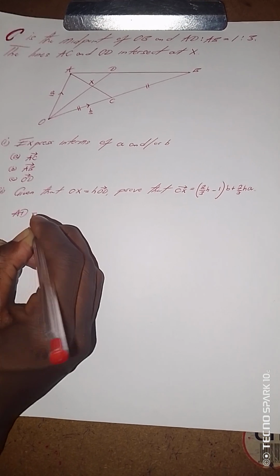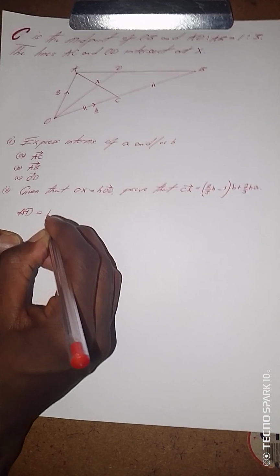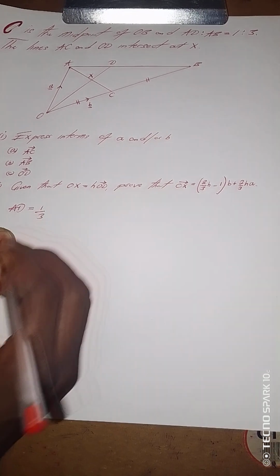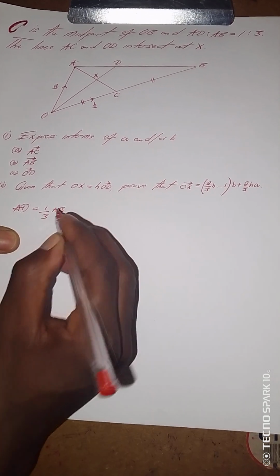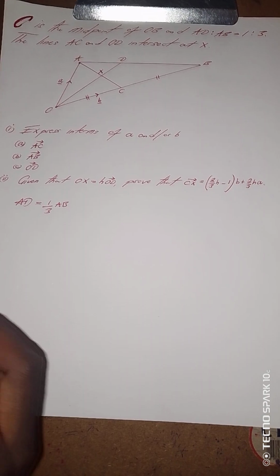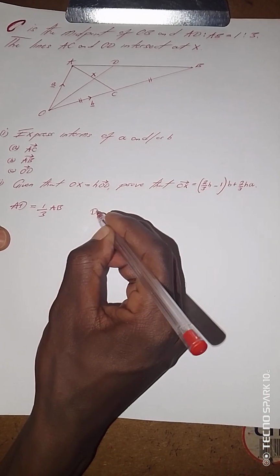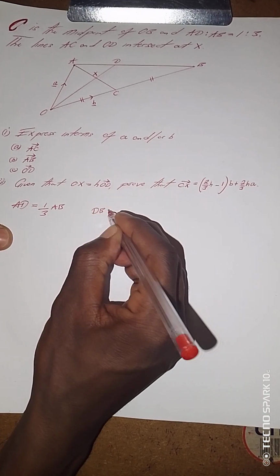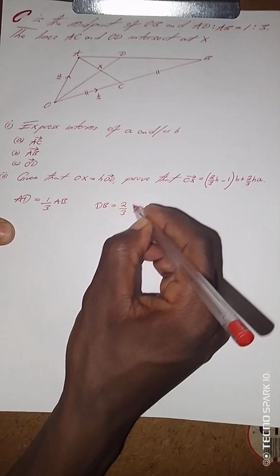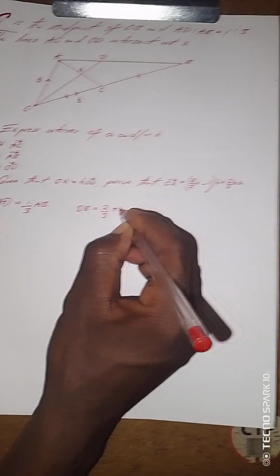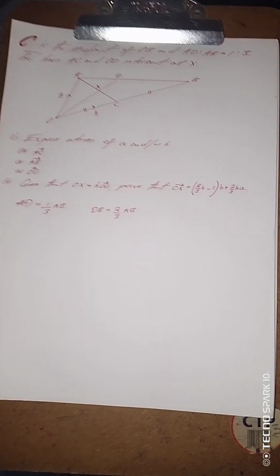So now let's start this. AD equals 1 over 3 of AB, like that. And the other one is DB equals 2 over 3 of AB. You leave them like that.